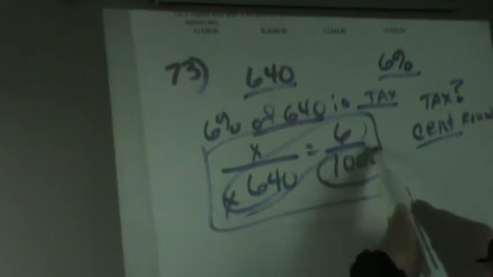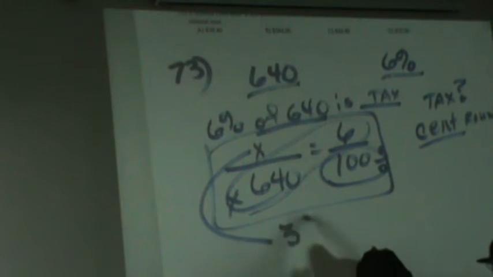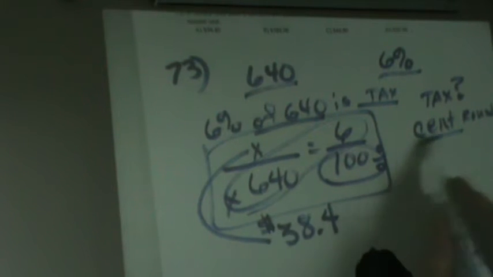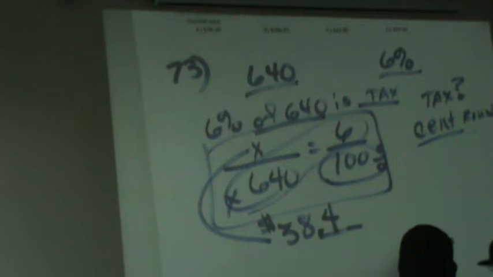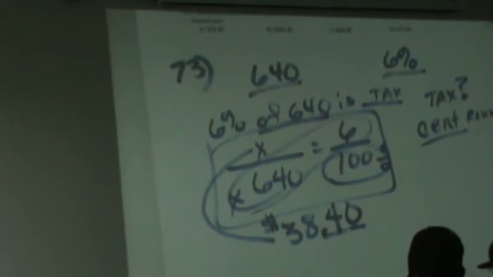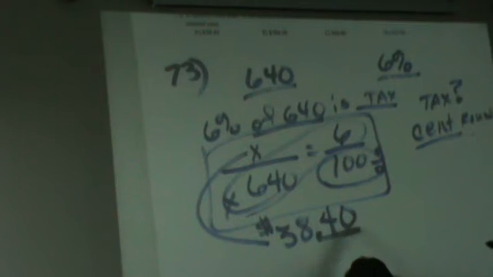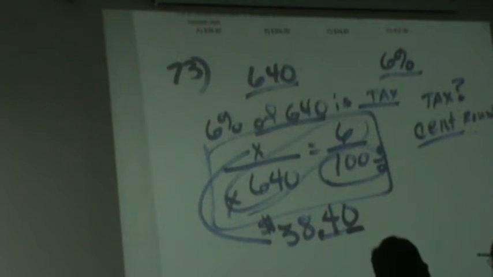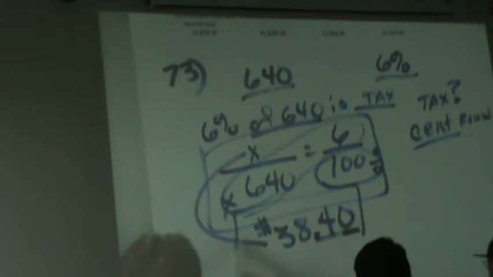Multiply those, divide by 100. 38.4. That's how much our tax is. Is that rounded to the cent? There's not even a cent showing. 38.40. If it had gone farther, you would have rounded. But we didn't even have to round. 38.40 is our tax. It doesn't want to know the total price, it just wants the tax.